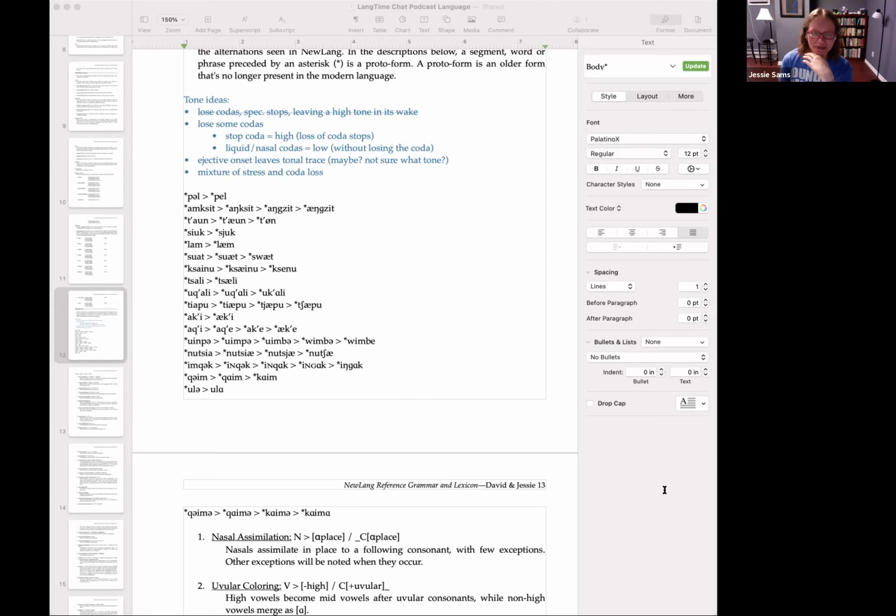So there's tonogenesis by loss of voicing contrast in initial consonants, by loss of final laryngeal consonants. Salient consonantal effects on tone is on page 10. My goodness, this sounds like a really useful resource. So very, very good find. Thank you. Definitely. That's the magic of Google, you know?